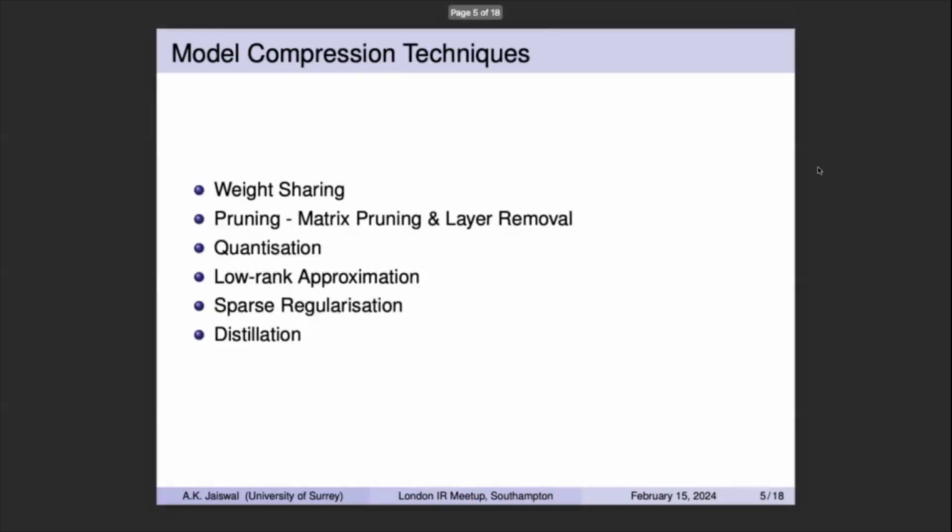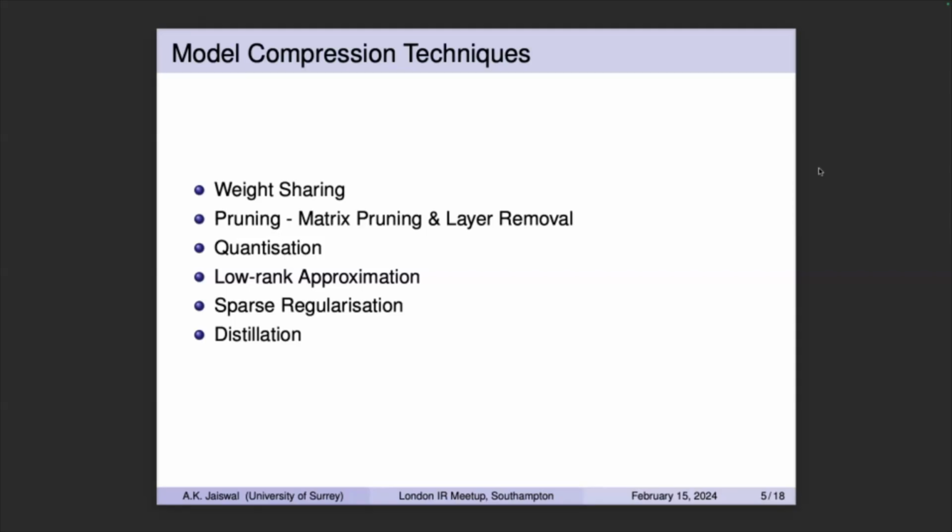We know that in the literature we have lots of techniques to compress, and a few of them are mainly used in compressing deep neural networks as well. These include weight sharing. Weight sharing is how you can share weights within, maybe, a fully connected neural network.